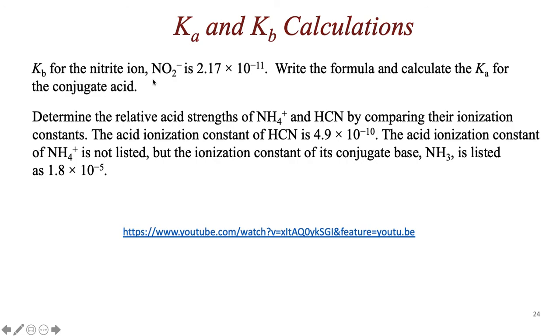For example, you have the Kb value for this ion. Then calculate the Ka for the conjugate acid. We can use that relationship, Kw is equal to Ka times Kb, where Kw is 1 times 10 to the minus 14 and Kb is 2.17 times 10 to the minus 11. We calculate Ka. Same thing over here. So once again, click on the link and watch these two problems.